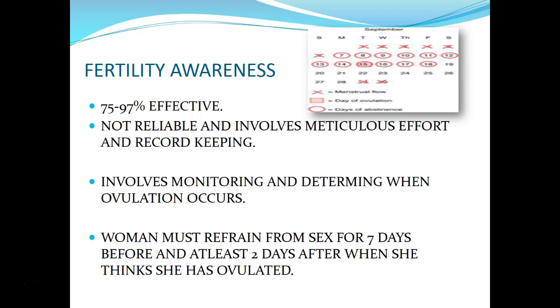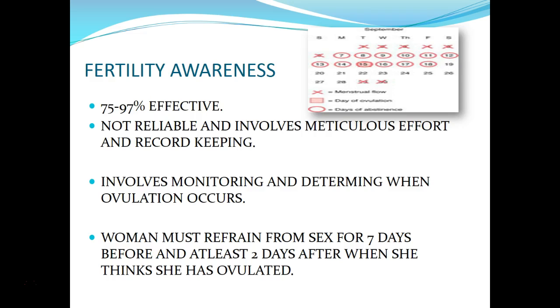So once they track that rise in temperature, they know that they're fertile and they can abstain from sex 3 days after that temperature rise, along with the day that it rises as well. Problem is that your temperature doesn't usually rise a whole degree. It might just be tenths of a degree. So you have to be very careful when you use this method, and you have to do it exactly right.